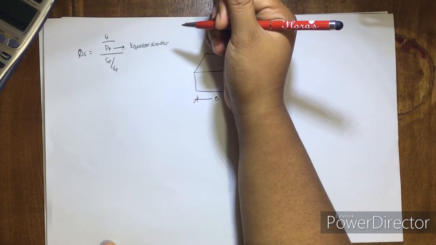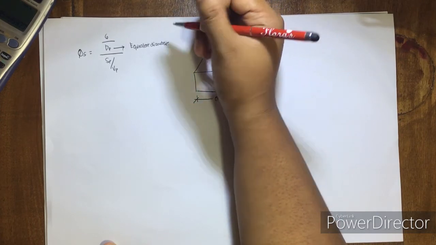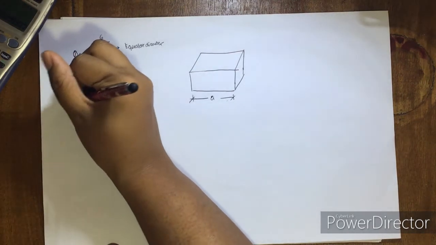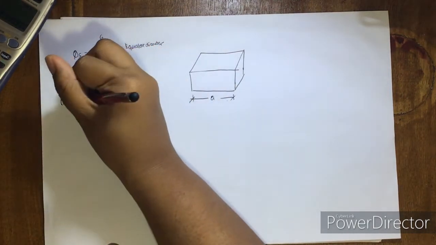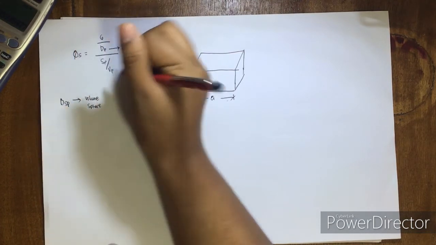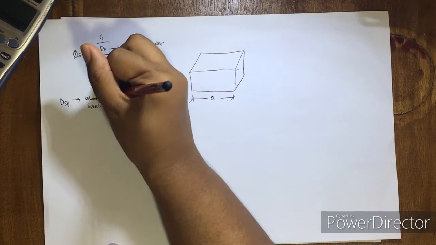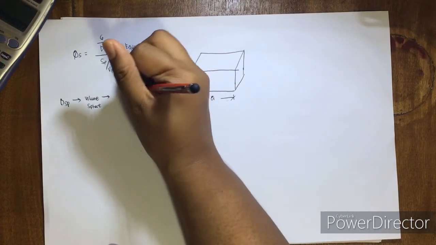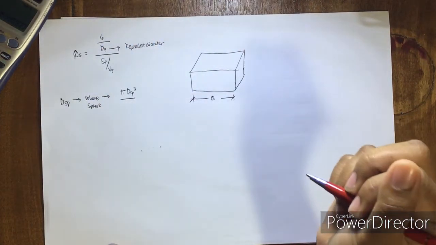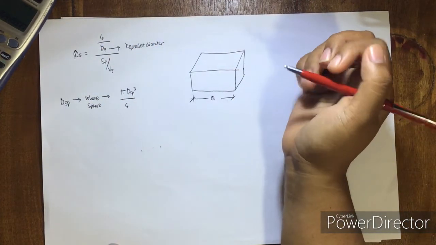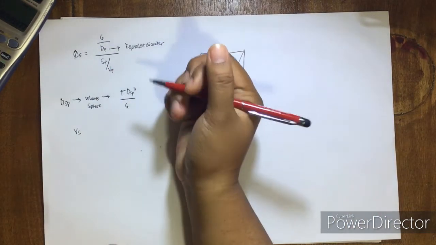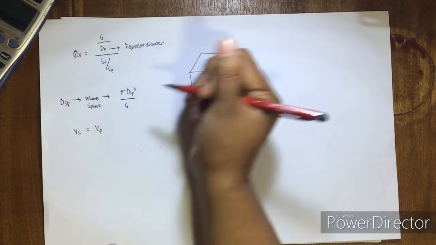So let's have the diameter of our sphere as Dsp. In getting the volume of our sphere using Dsp as its diameter, we have the volume of our sphere equal to pi Dsp cubed divided by 6. Take note that by definition, the volume of our sphere is equal to the volume of our particle.